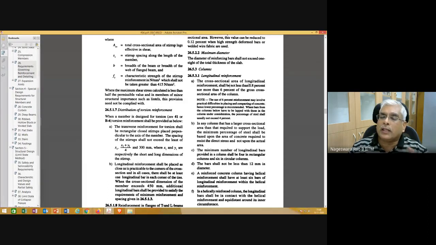So the hardened concrete may have a lot of pockets or gaps, and it may affect the durability as well as the strength of your column. So the code specifies the maximum percentage of steel as well. So besides the minimum percentage of steel, you can also check whether the steel that you provided exceeds 6%.